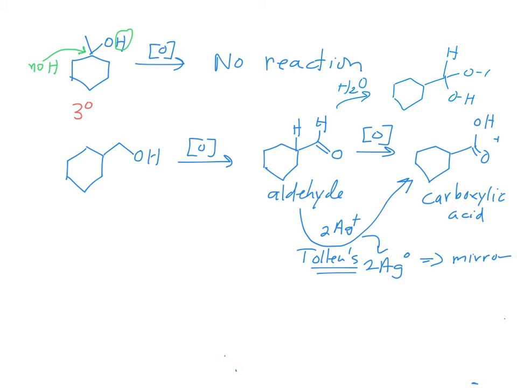So we form what's called a hydrate. And from here, we can see that if we lose an H here and an H here and form a double bond, we go right to the carboxylic acid. So if we remove those, then we go down this way.